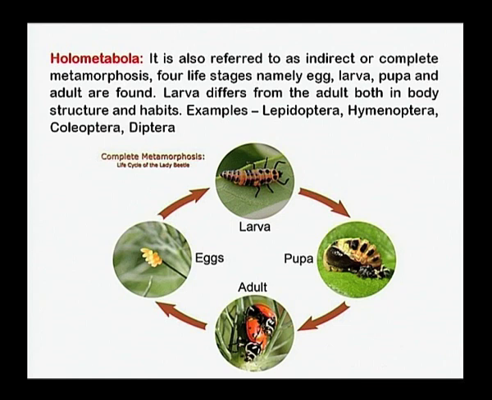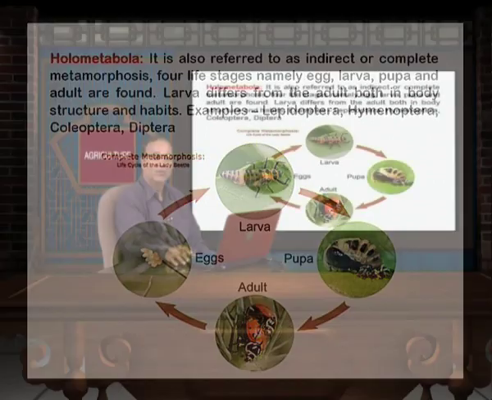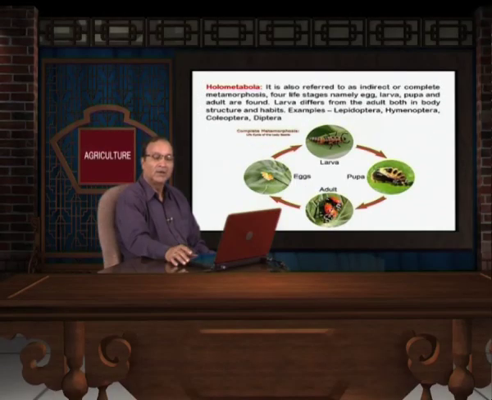It means the larva may feed on leaves, but the adults of such insects may not feed on the leaves or plant parts. For example, the larva of a holometabolous insect possesses biting and chewing type of mouth parts, whereas in certain cases the adults do not have biting and chewing mouth parts.